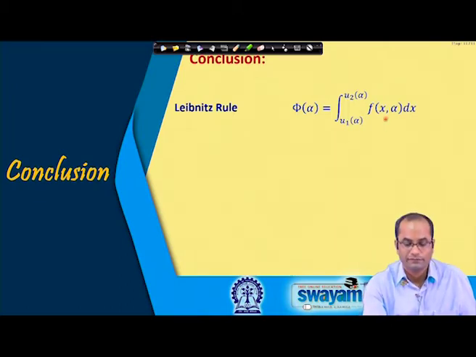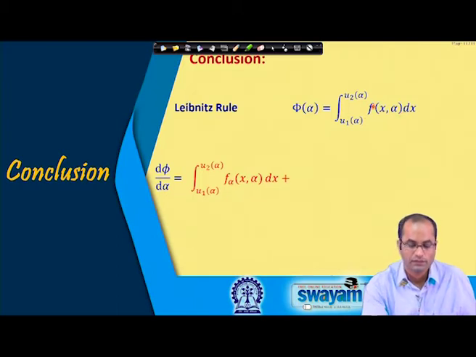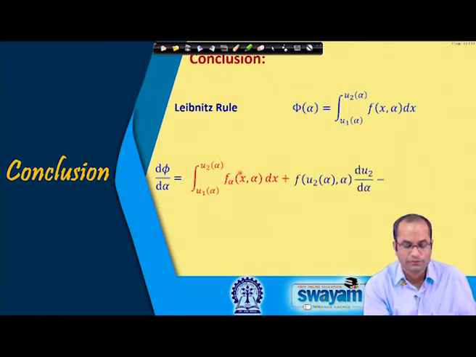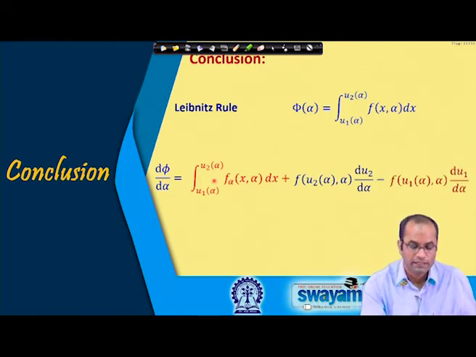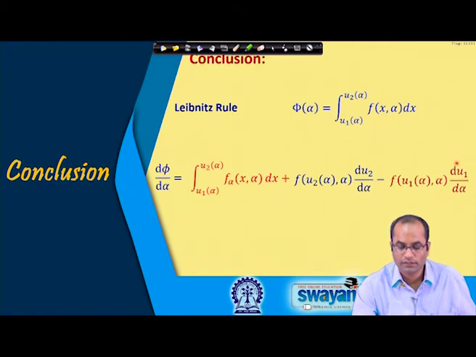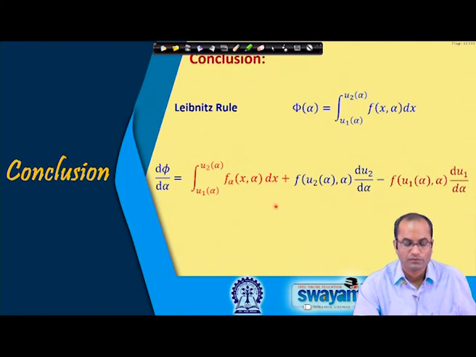If we have the integral and we want to take the derivative with respect to alpha, this rule says that we can take this derivative inside the integrand, which means that we will have the partial derivative of f with respect to alpha, plus the derivative of the upper limit, du 2 over d alpha, and then in the integrand we need to replace x by the upper limit, minus the derivative of the lower limit, du 1 over d alpha, and in the integrand we will replace x by u 1 alpha. So, that is the Leibniz rule.